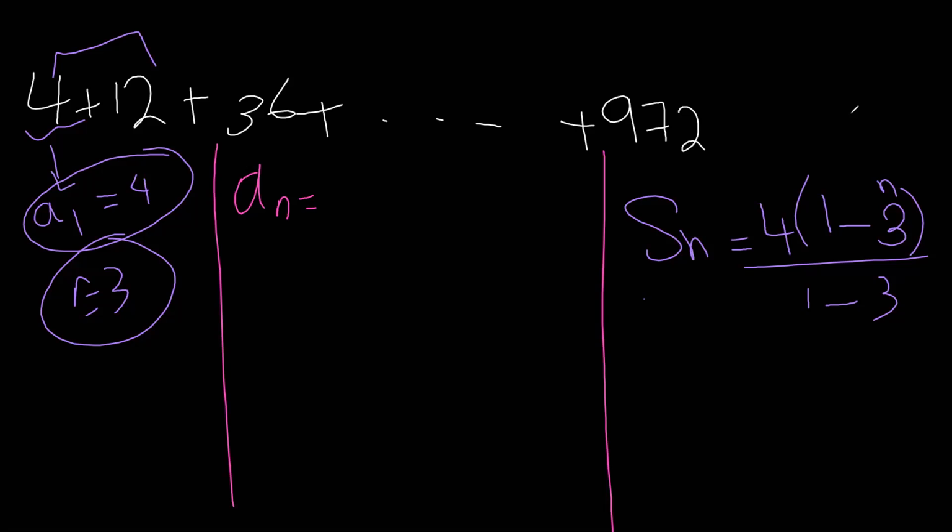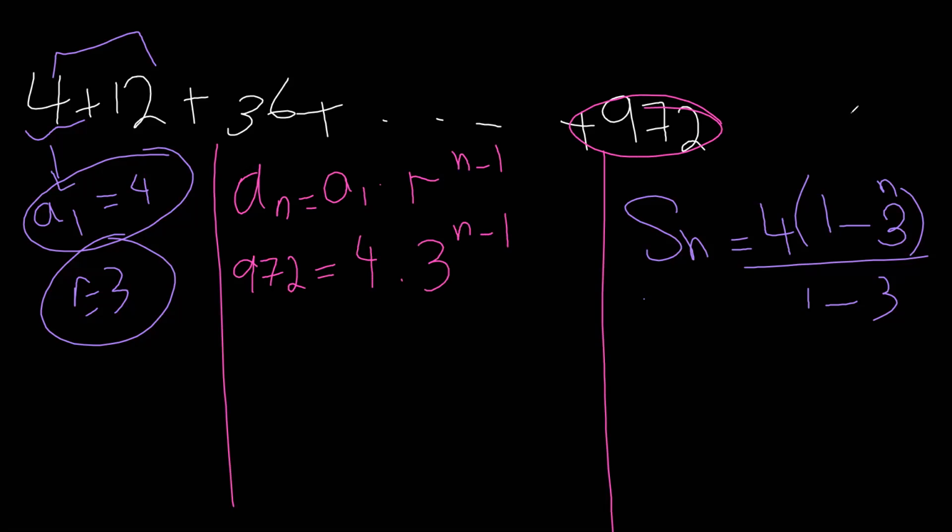So here now, a sub n is a1 times r raised to the power n minus 1. Now, 972 is equal to a sub 1, which is 4, times 3 raised to the power n minus 1. Now, as we said, let's divide by 4, and then here divide by 4. Now, 972 divided by 4 is 243, equal to 3 raised to the power n minus 1.